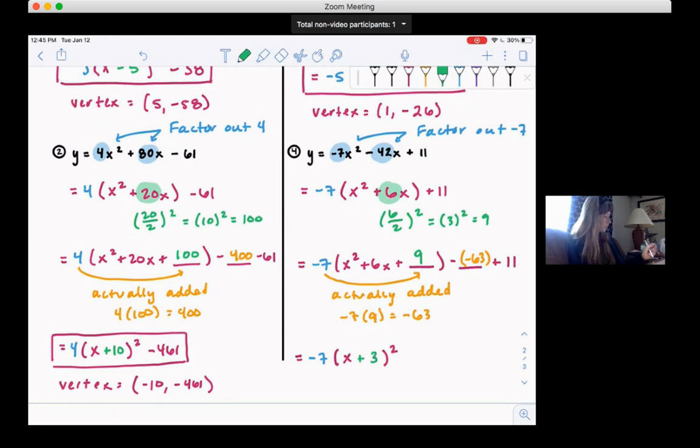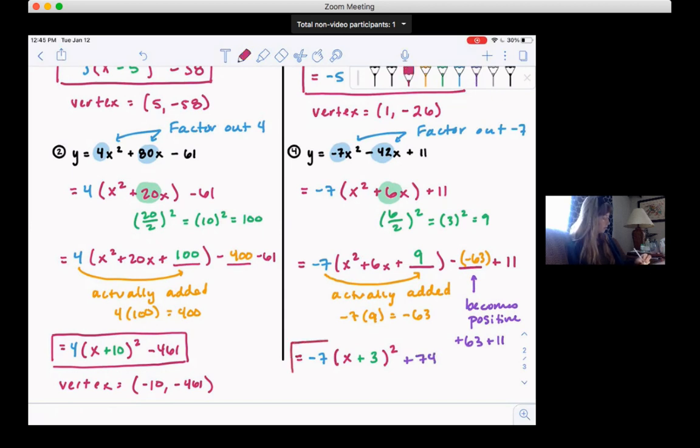Then outside the parentheses, we need to combine -63 and 11. And remember that a negative becomes a positive. So outside, it's like we have a plus 63 plus 11. So that gives us plus 74 outside.